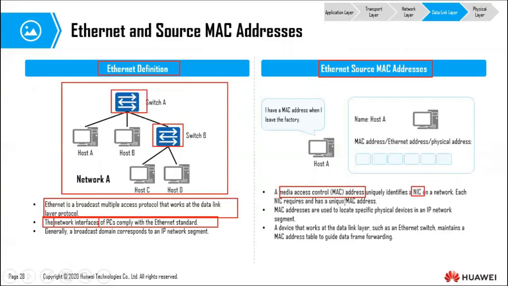Each NIC requires and has a unique MAC address. MAC addresses are used to locate specific physical devices in an IP network segment. A device that works at the data link layer, such as the Ethernet switch, maintains what we call a MAC address table in order to guide the frame forwarding.